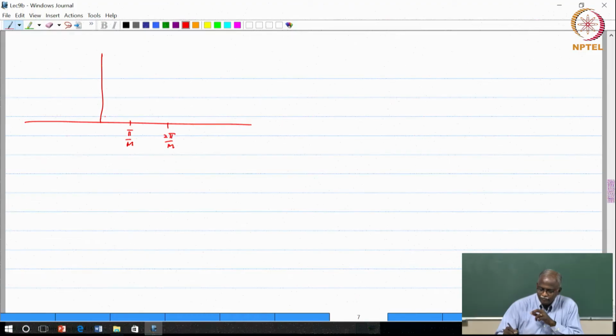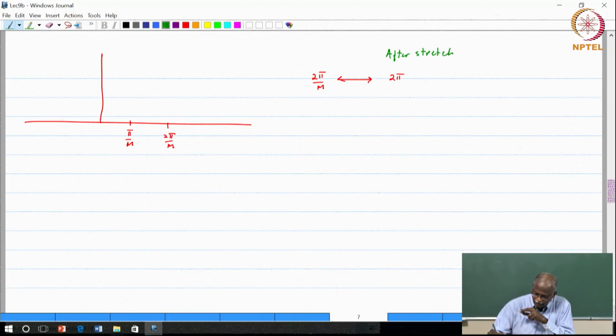Before stretching, if this is the spectrum, after stretching 2 pi over M will go to 2 pi. This is after stretching, and this is what we refer to as the sampling frequency after the down conversion process.